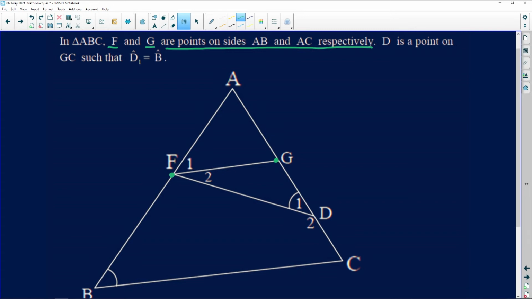D is a point on GC. Now folks, that's important. GC is a line segment. Okay. So if they tell you that there's a point on a line segment, you can say, oh, why are they saying this? It's obvious. You cannot use exterior angles in figures unless you've written that something is straight.